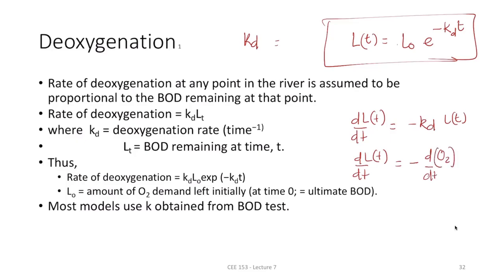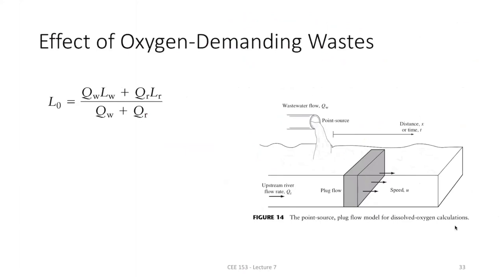So that's why you could write that the rate of deoxygenation is basically the positive sign. So this is equal to Kd Lt, and Lt is this term. Okay. All right. So that's the one we already know.